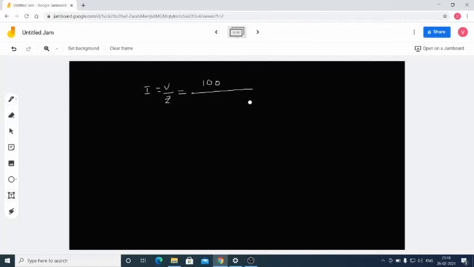What is the slope? Slope is nothing but the angle. Theta is equal to tan inverse of the imaginary part 11 upon minus 5. We will get minus 65.55 degrees.